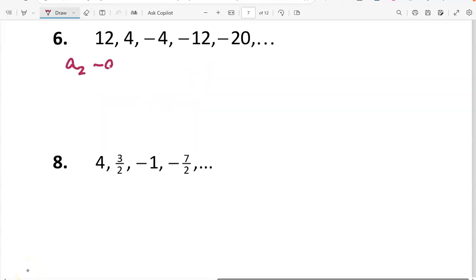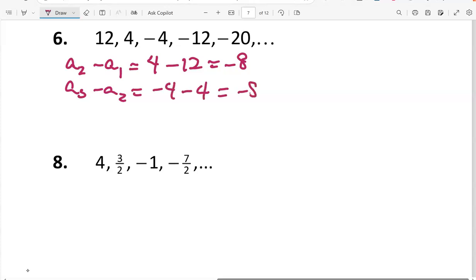A sub 2 minus a sub 1 is 4 minus 12, which is negative 8. A sub 3 minus a sub 2 is negative 4 minus 4, which is also negative 8. And if you subtract any pair of terms, the term minus the term before it, you get negative 8. So this is an arithmetic sequence with a common difference of negative 8.